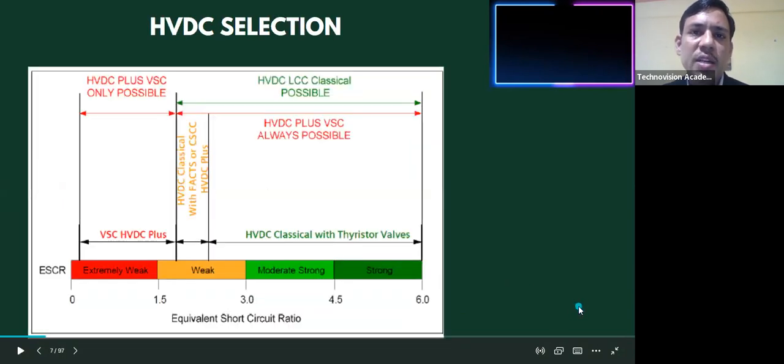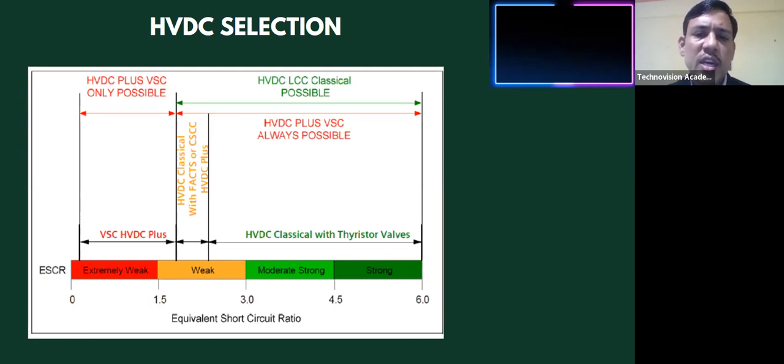Then how to select an HVDC for the specific requirements of my project? For that, there is the effective short circuit ratio that we have to think about. If the effective short circuit ratio is less than 1.5, or suppose 0, then we can go for VSC, voltage source converter based technology.